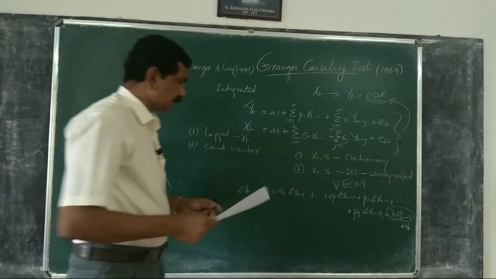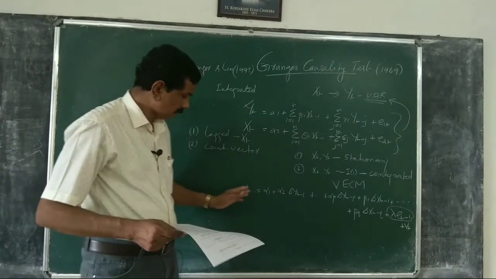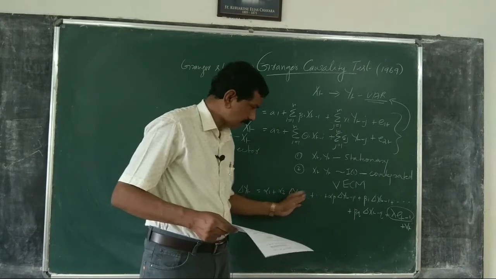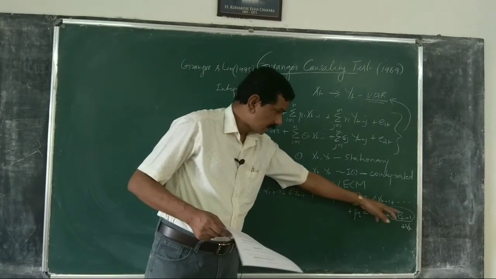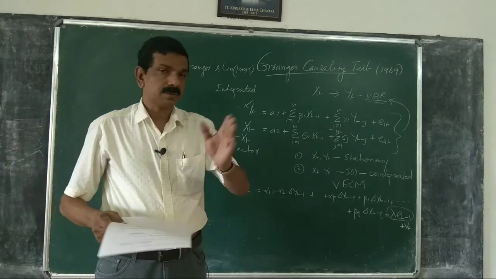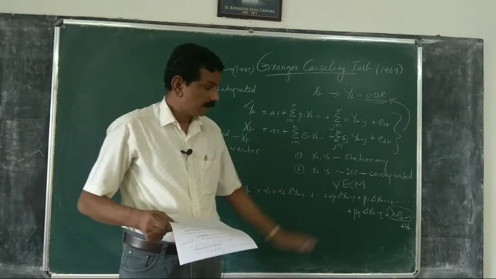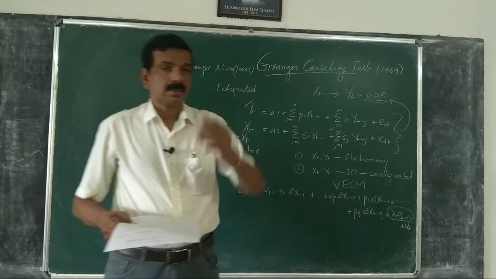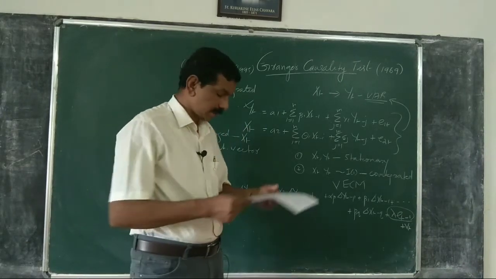And as we discussed in the last class, all the variables, delta x, e(t-1), everything is stationary. There is no spurious regression problem here as we are considering only stationary variables.